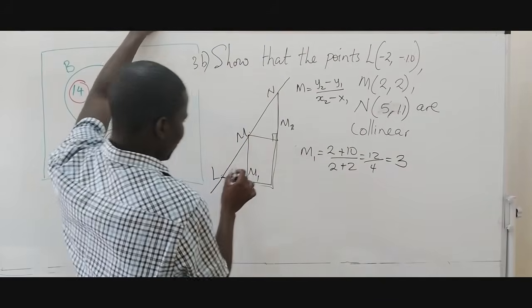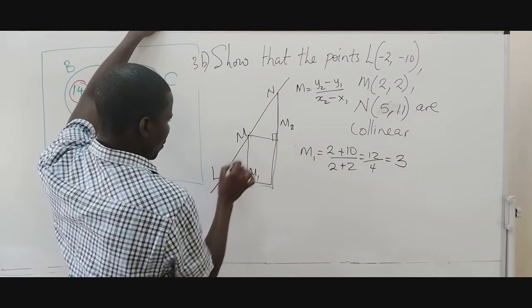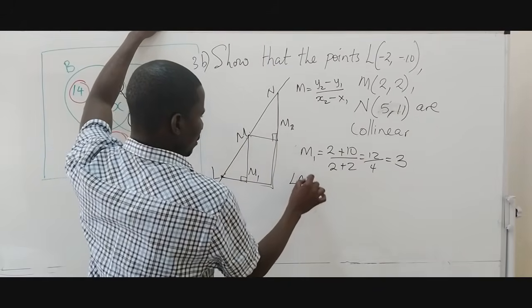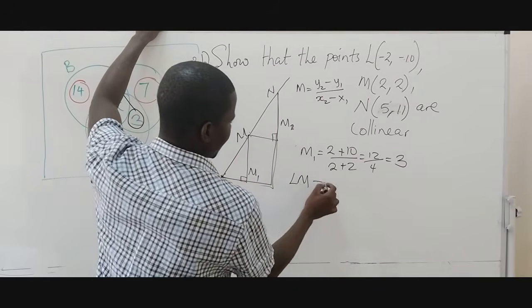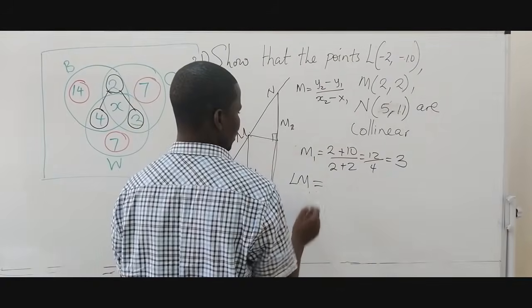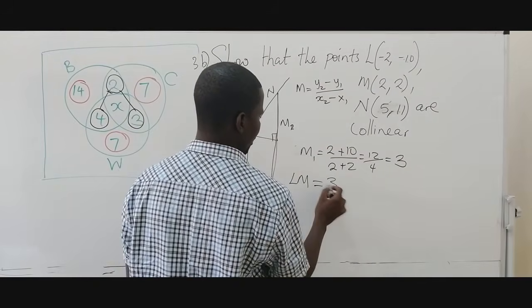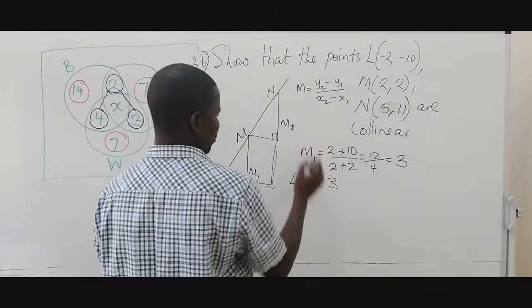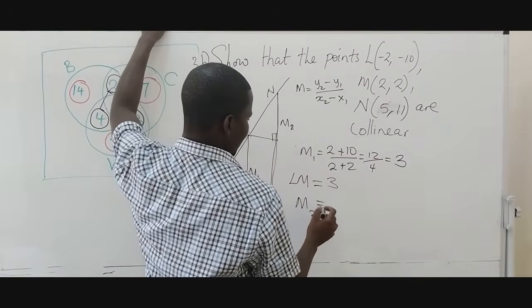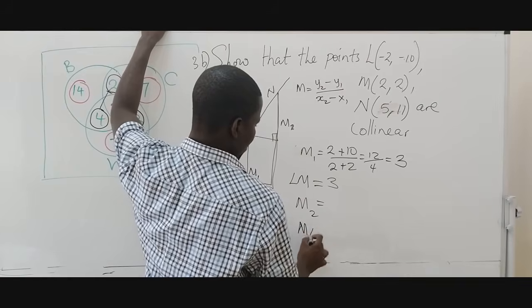So the gradient of this line, M1, is equal to 3. Let's try the other one, which is M2, where we are now using MN.